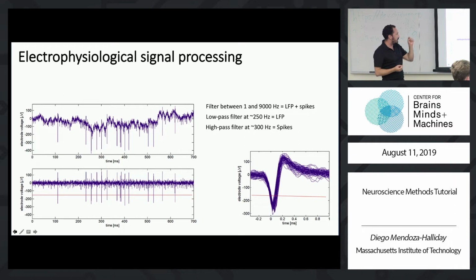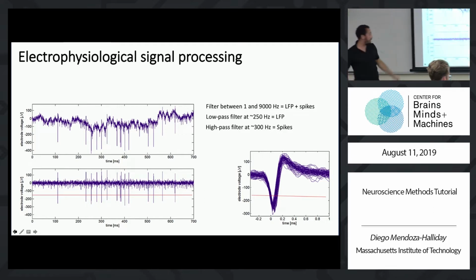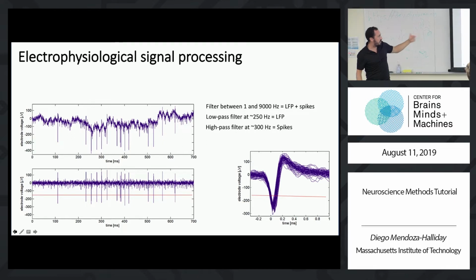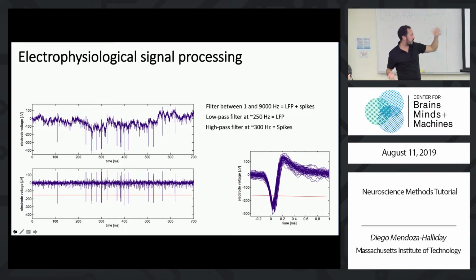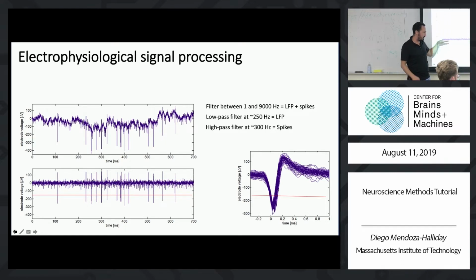What you do is you low-pass filter your data at around 250 hertz so that those low frequencies get rid of all the spikes, so you end up with this signal without the little spikes in there, and that's your local field potential. And if you do the opposite, you high-pass filter it at around 300 hertz, so everything above that gets rid of those lower frequencies and flattens the signal a lot, so that you can see those little spikes all gathered together.